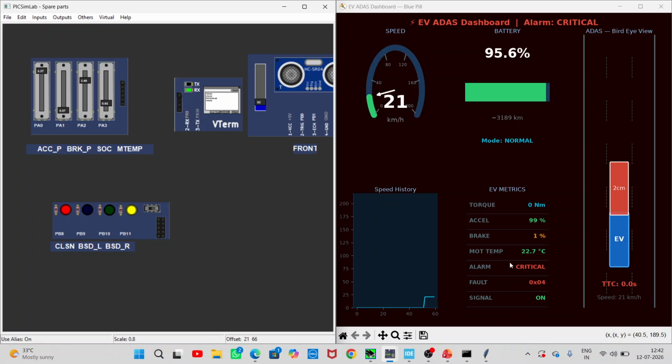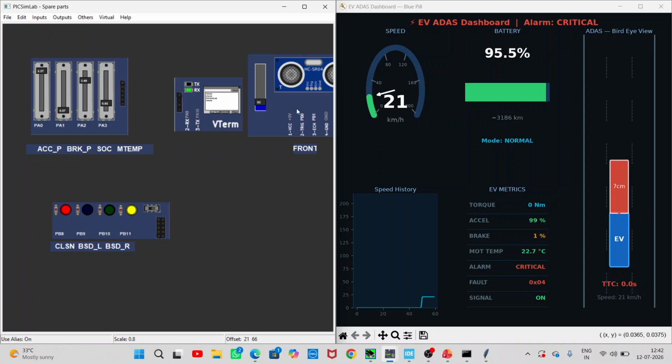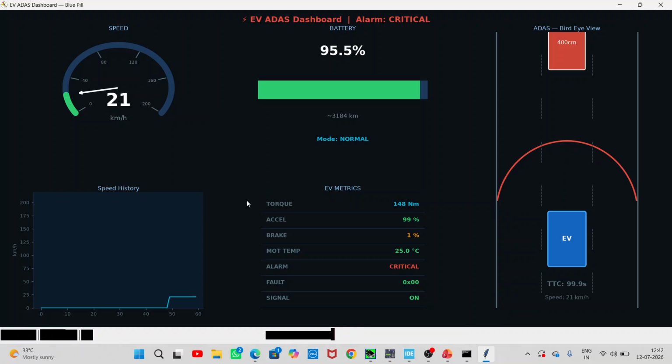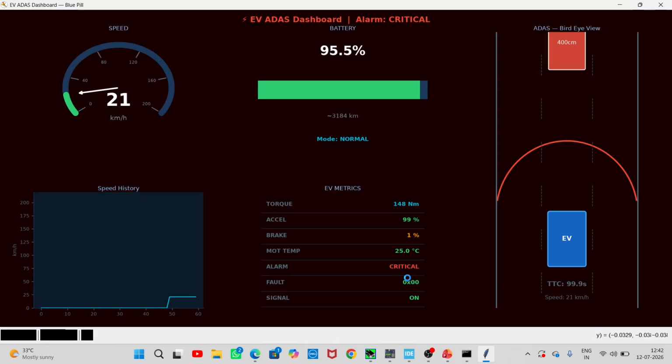These are the EV metrics. Torque is 148 Nm, acceleration is 99, brake 1%, motor temperature is 25. It comes under critical alarm. Fault signal is on.